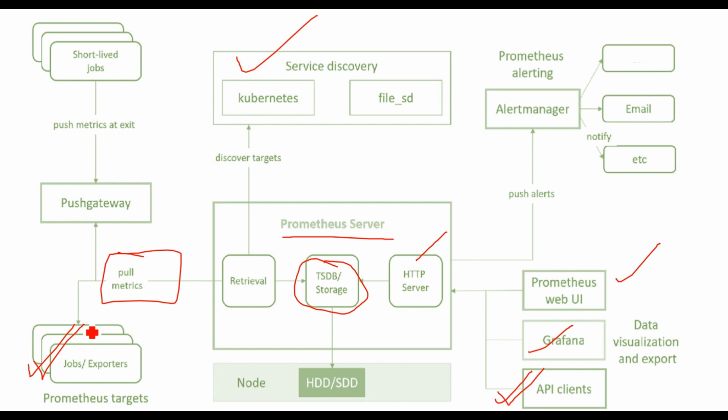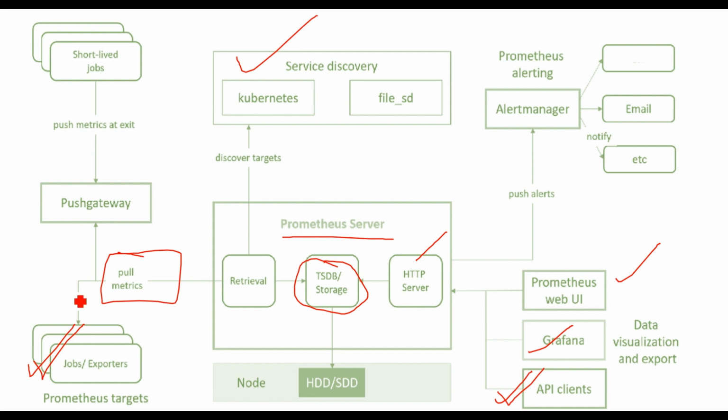As soon as you install an exporter, the Prometheus server will go and pull the metrics. However, with the help of a Pushgateway, Prometheus also supports pushed metrics, but the core architecture of Prometheus is pull only.